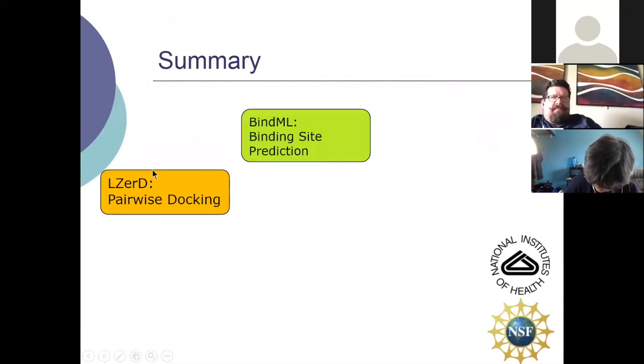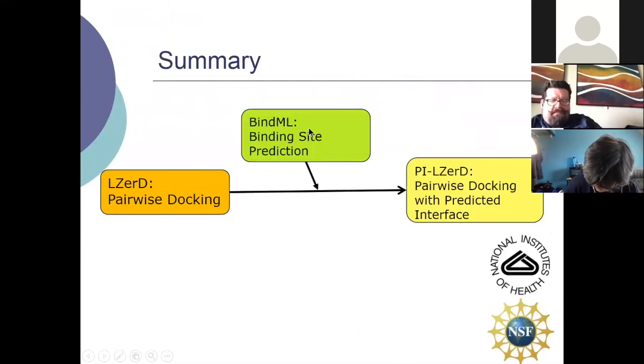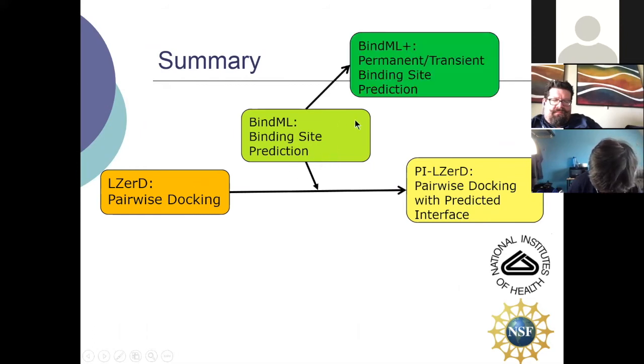So we have pairwise docking. I didn't show it today, but we can also predict the docking interface regions from bioinformatics sequence analysis, and then guide the pairwise docking by the predicted interface regions. This is the binding site prediction method.